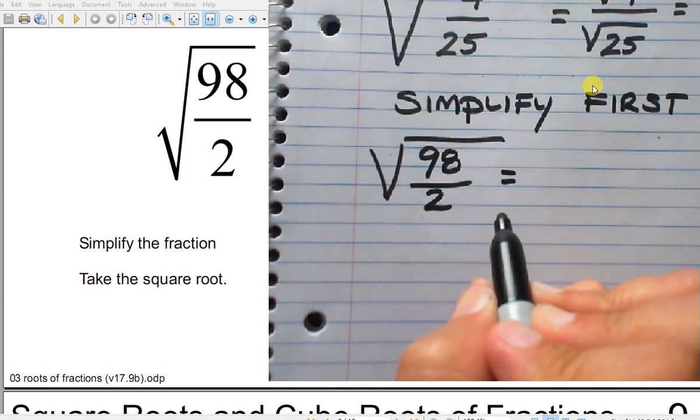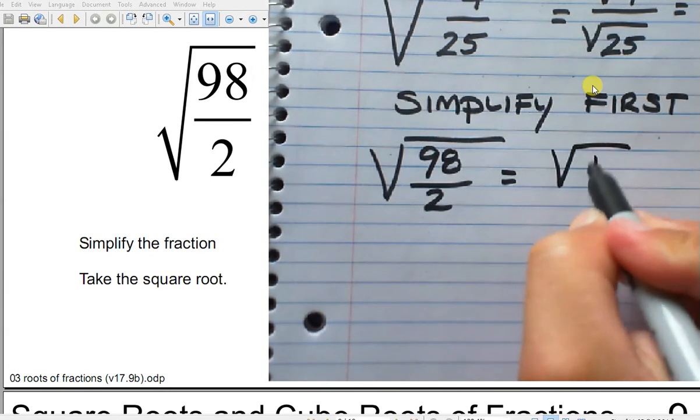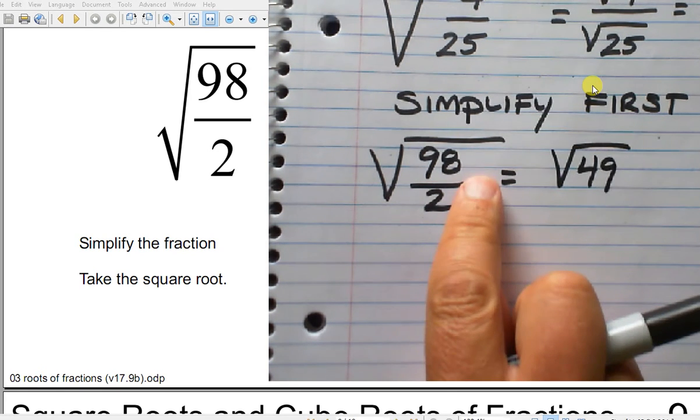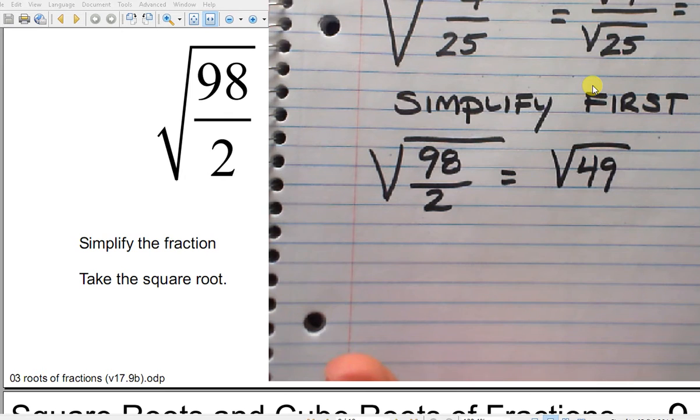Well, what's 98 divided by 2? It's 49. So I'm not going to try to take the square root of 98 and the square root of 2. I'm going to simplify it to 49, and then I'm going to take my square root, which is 7.